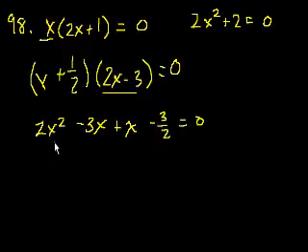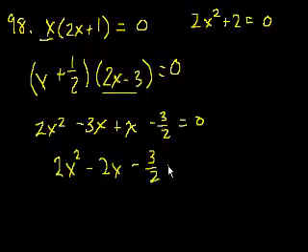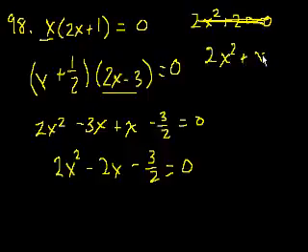So I get 2x squared minus 2x, right? 3x plus x is minus 2x, minus 3/2 is equal to 0. Actually, I think I made a mistake. X times 2x plus 1, that's not right. That's 2x squared plus x is equal to 0.